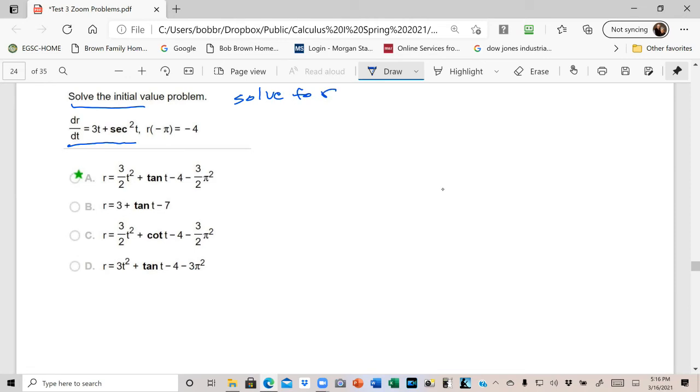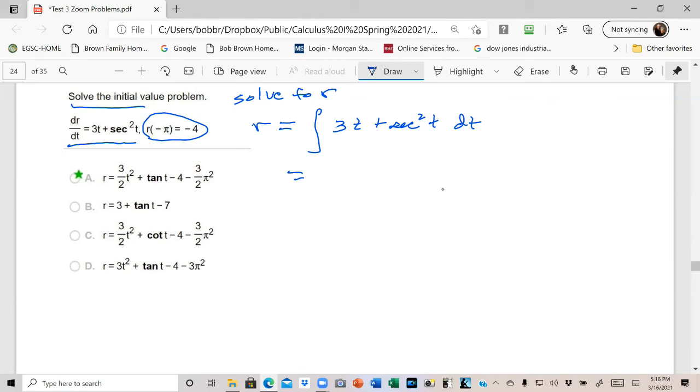And we'll do that by taking the antiderivative and using the initial value of r at minus pi equal to minus 4 to solve for a constant. So r is going to be the integral of 3t plus secant squared t dt.